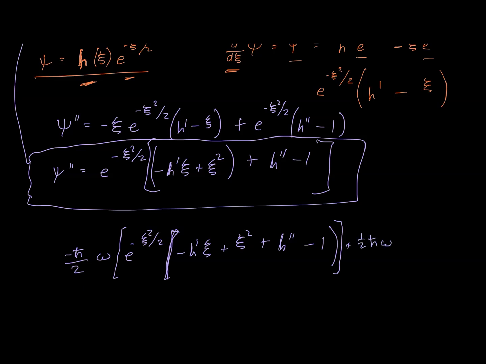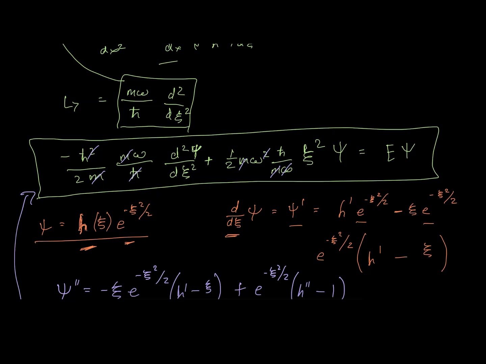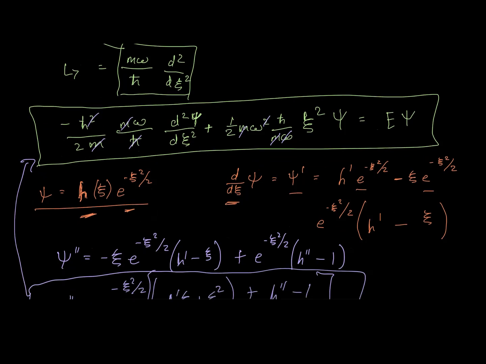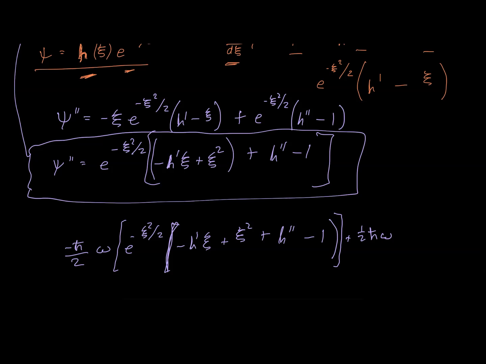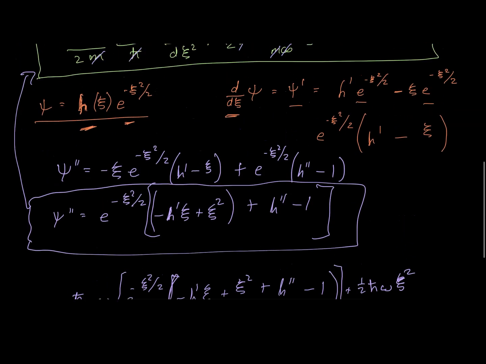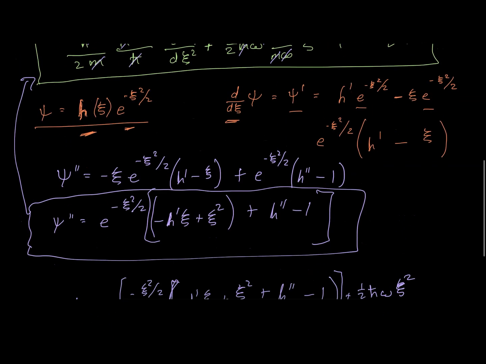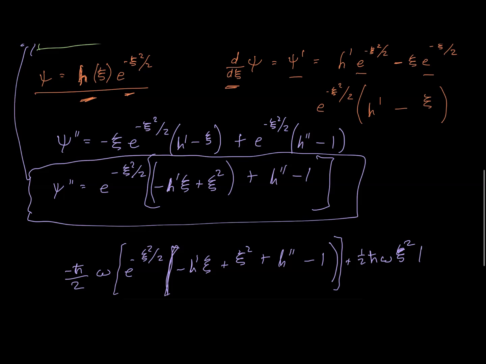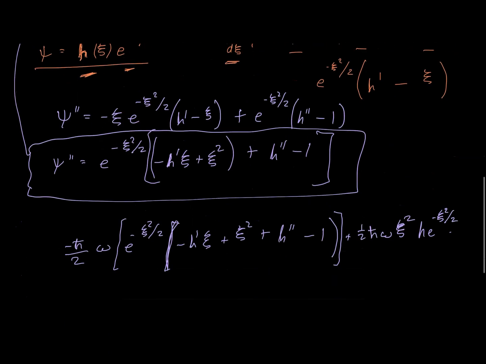That's what we have left up here, times c squared times psi, which is h e to the minus c squared over 2. Okay, and all of that is equal to e psi.